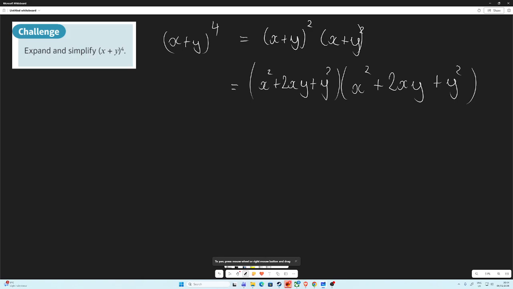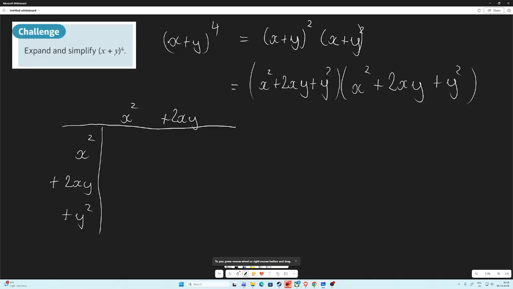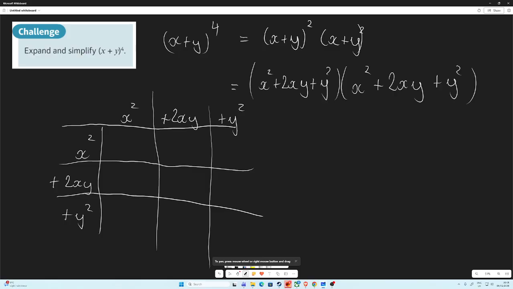Let's do a big grid. So we're going to have x squared plus 2xy plus y squared, times x plus y. Okay, let's try what we have.